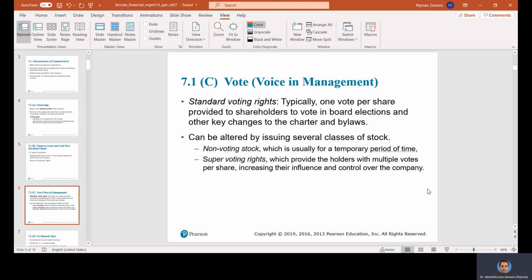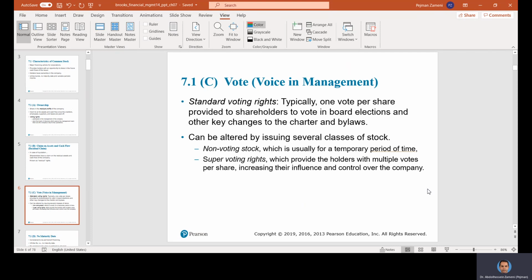Vote, voice in management. Standard voting rights: typically one vote per share is provided to shareholders to vote in board elections and other key changes to the charter and bylaws. This can be altered by issuing several classes of stock, non-voting stock and super voting stock.